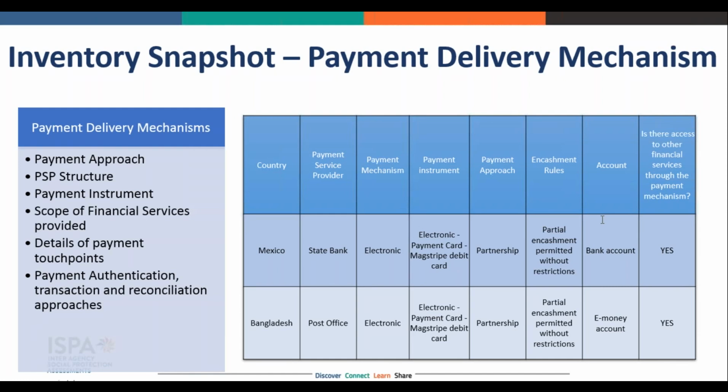We look here at the payment approach, who the payment service provider is, what the payment mechanism is, if there's an account being provided, and what encashment rules apply. For example, do you have to cash out 100%, or are you permitted to leave some balance within the account? And also, is there access to other financial services?